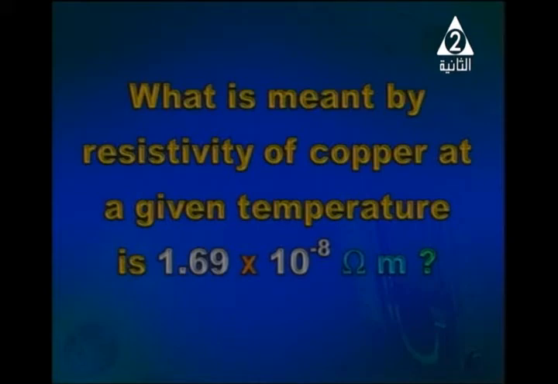And now we've got the question: what is meant by the resistivity of copper at a given temperature being equal to 1.69 times 10 to the power of negative 8 ohm meter? If I give you this piece of information, what do you understand from it?